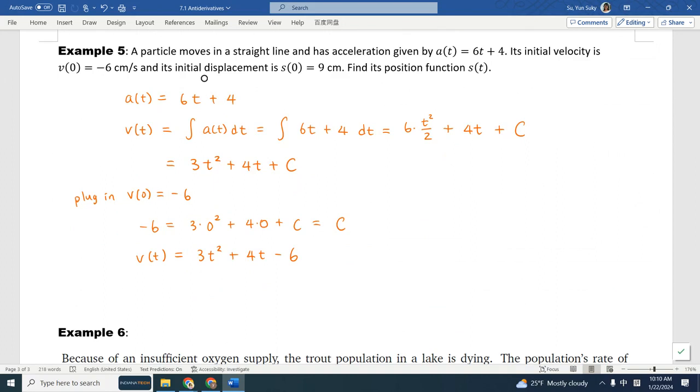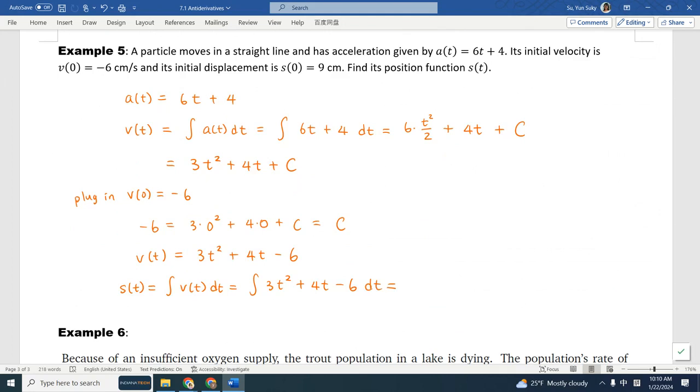All right. Are you ready to check your work? S of t is the integral of the velocity. So the integral of 3t squared plus 4t minus 6 dt.